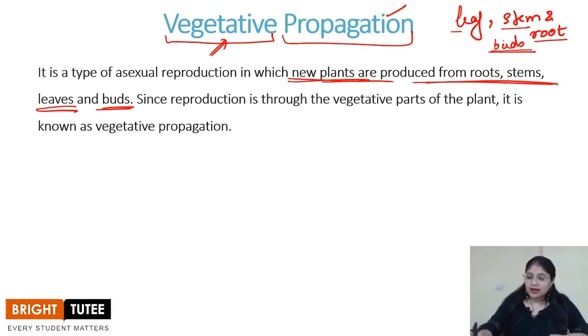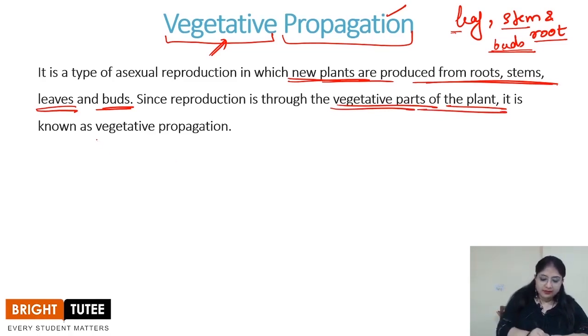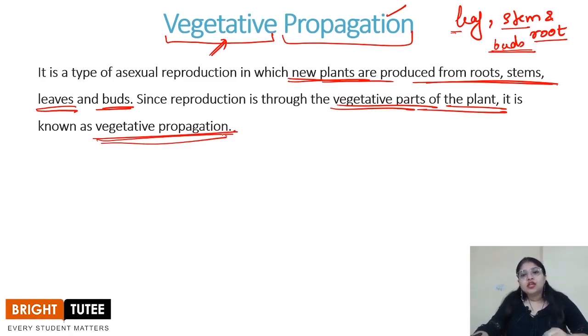For now, let's understand that leaf, stem, root and buds are used to produce new plants. And because the reproduction is through vegetative parts of the plant, it is called vegetative propagation, that means the reproduction which happens with the help of these vegetative parts.